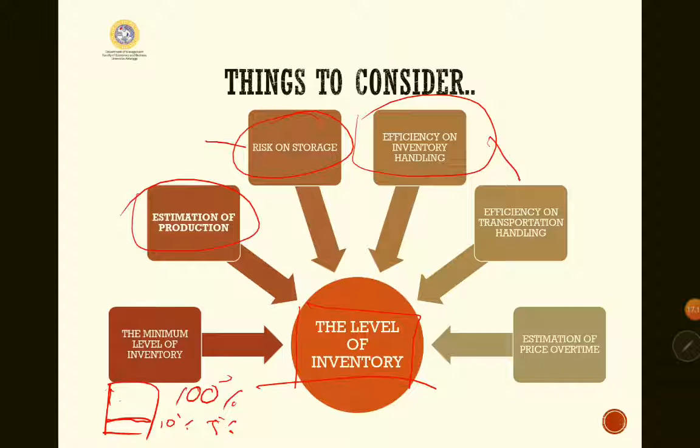Efficiency on transportation handling is quite the same, but one is about transportation, one is about inventory in your warehouse. And the last thing is the estimation of your inventory price over time. Just like I mentioned in the assumption in the first slide, it is important that our estimation about stocks should be constant.